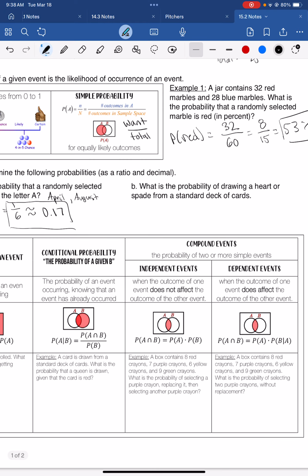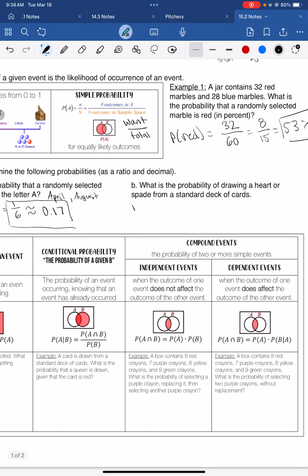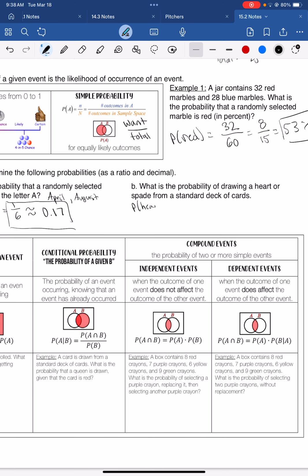All right, what is the probability of drawing a heart or spade from a standard deck of cards? So we'd say the probability of heart or spade in a standard deck of cards. So what we can do here is we can do the probability of a heart plus the probability of a spade, and that's going to give us what we need. So the probability of a heart, well, there's 13 hearts in a deck of cards out of 52 total cards.